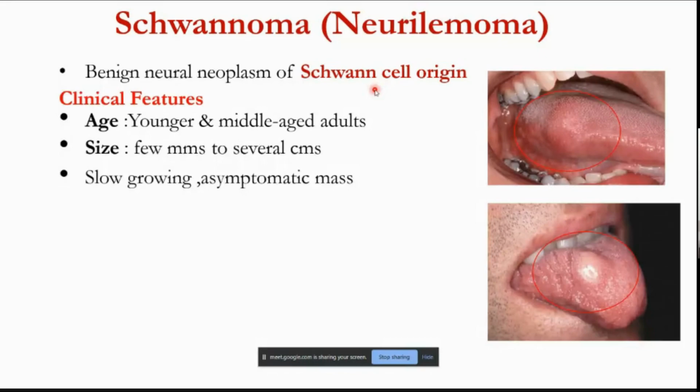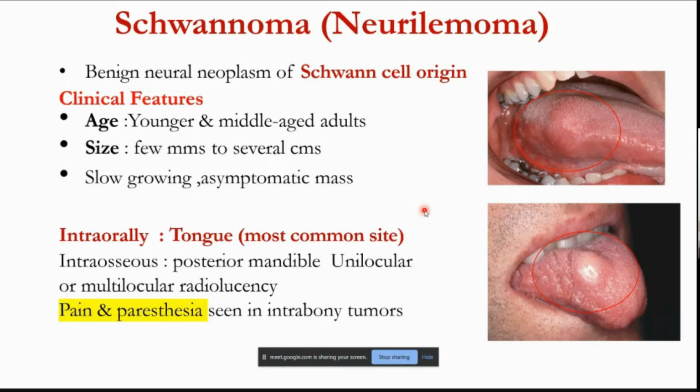Clinically, it is seen in the younger and middle-aged group, and it can grow from a few millimeters to several centimeters in size. Not necessarily does it have to stay small. It is quite slow growing, and it is asymptomatic because it doesn't cause any pain or irritation. The patient will never know it is even there.